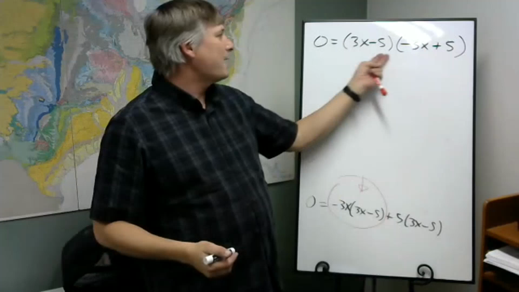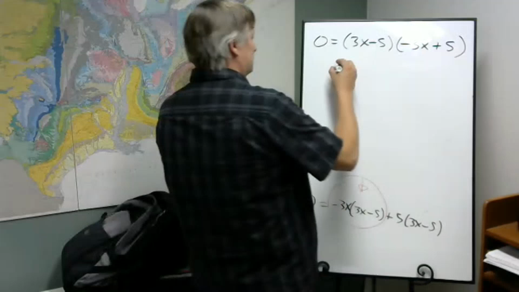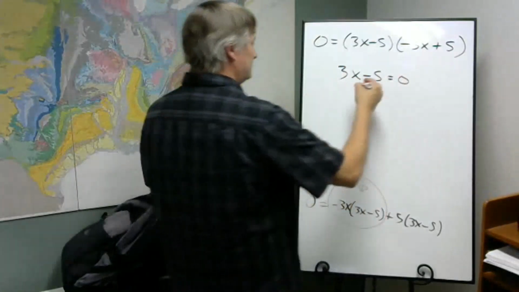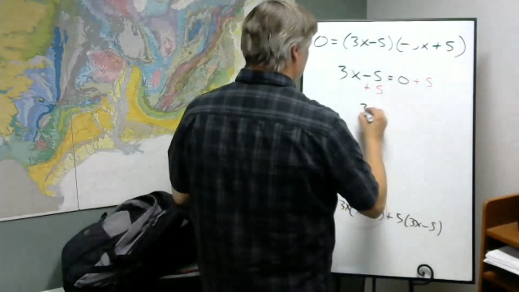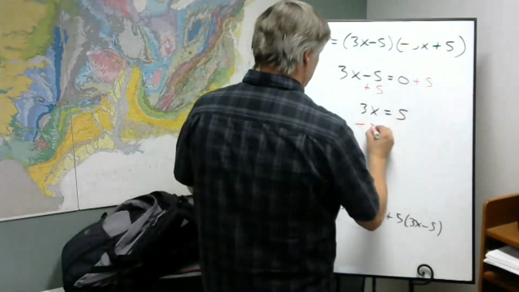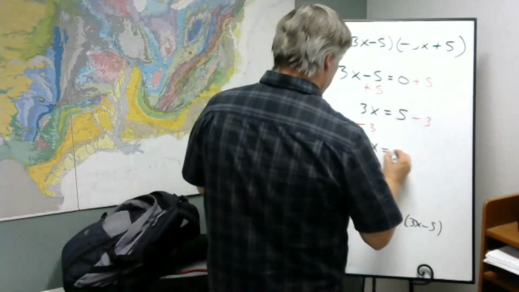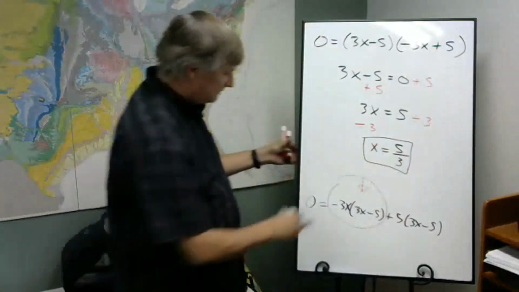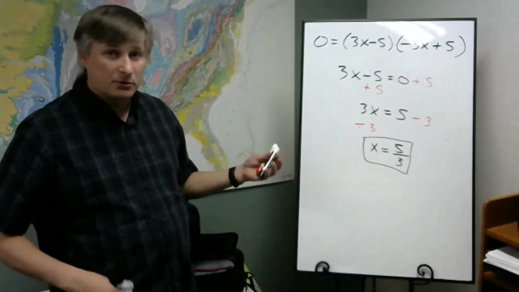So now this is our capital A, this is our capital B. So what causes this to be 0? Let's find out. And that's going to be one of our answers, 5/3.